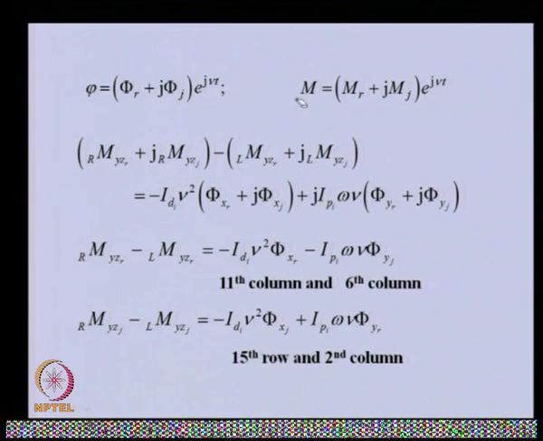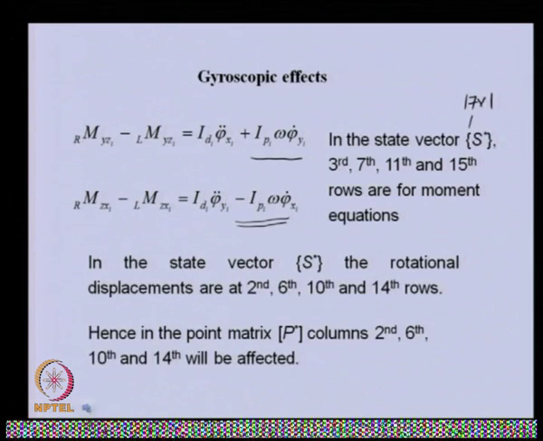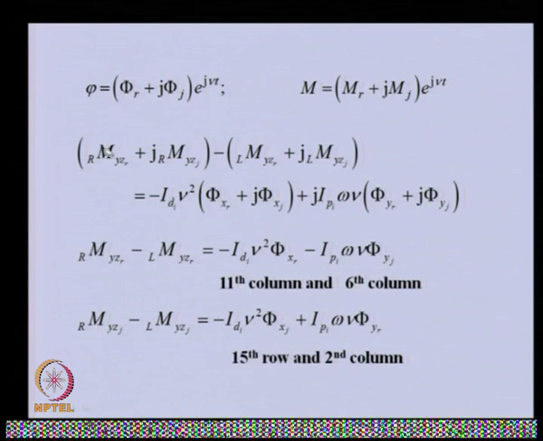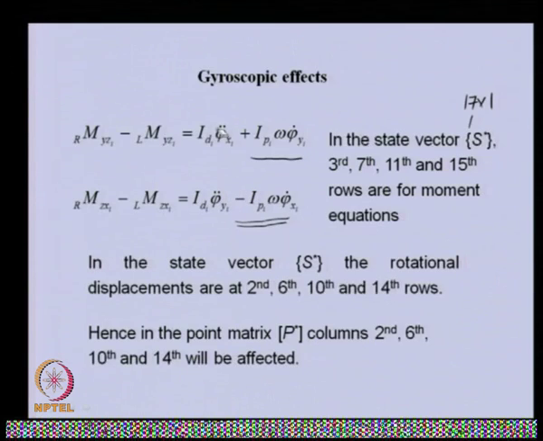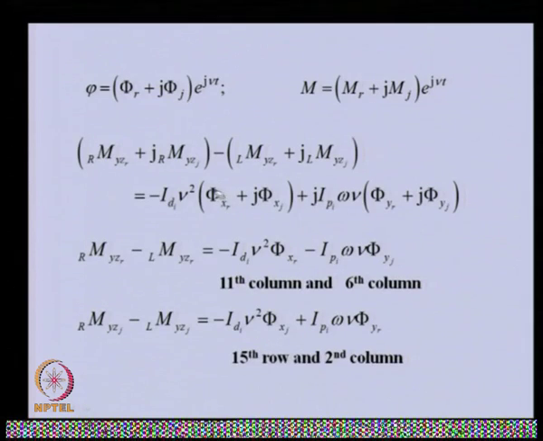If we substitute this in the first moment equation, which belongs to the right of m y z, the moment will give this, minus the second moment, and is equal to this, the rotary inertia. Because the second derivative is there, we need to take the second derivative of this. We will get this nu omega square.